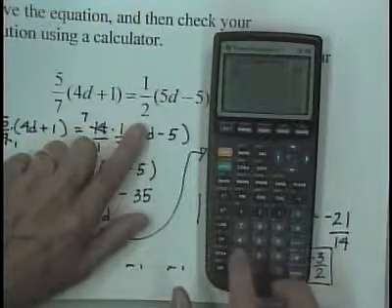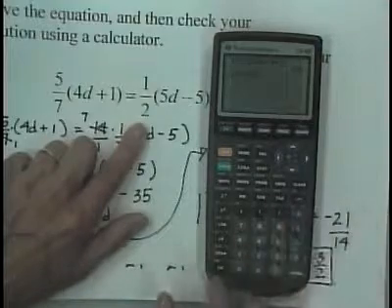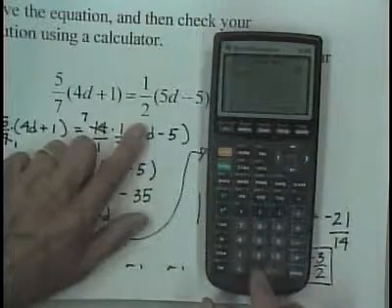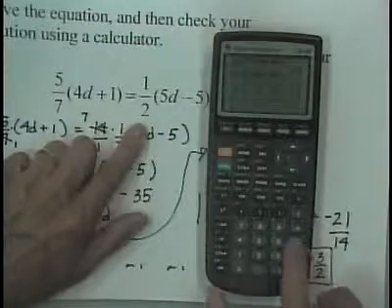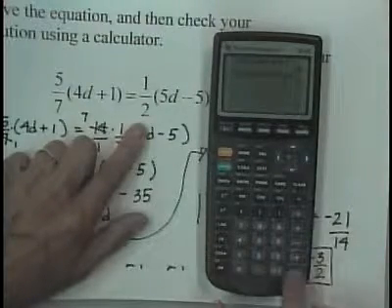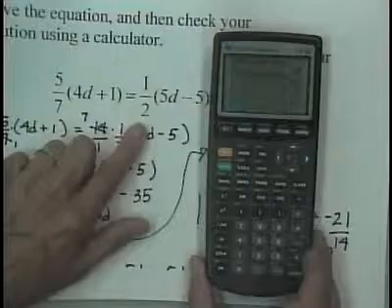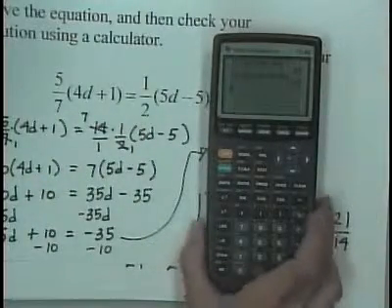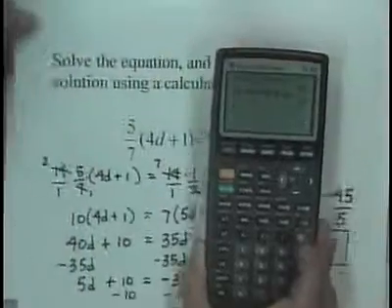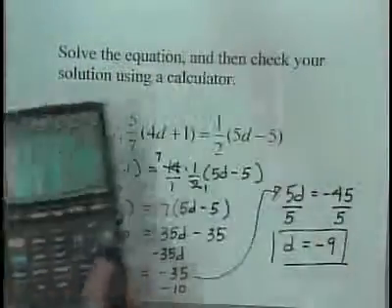In the right-hand side, parentheses 1 divided by 2, close parentheses, open parentheses, 5 times negative 9 minus 5, close parentheses, enter, and we get negative 25. And that confirms that what we got is actually a solution to the equation.